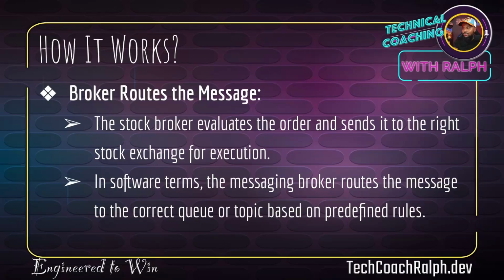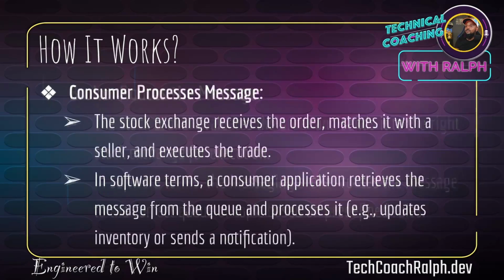In software terms, the messaging broker routes the message to the correct queue or topic based on predefined rules. Now, the consumer processes the message. The stock exchange receives the order, matches it with a seller, and executes the trade. In software terms, a consumer application retrieves the message from the queue and processes it, for example, update inventory or send a notification.